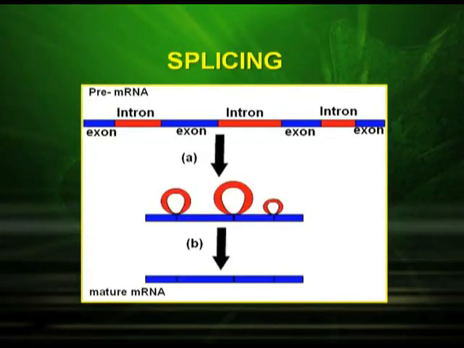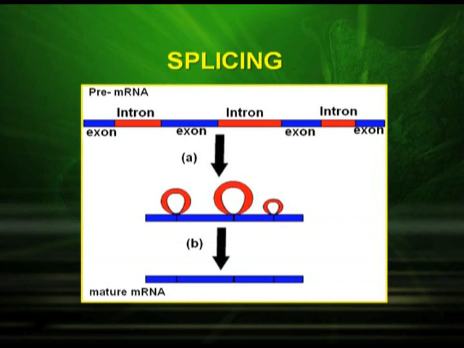Now, let us see with the help of a picture how the splicing takes place. The one that you can see on the top is the pre-mRNA, having the introns and the exons alternately. In the next step, you can see bubble-type structures which are the spliceosomes.